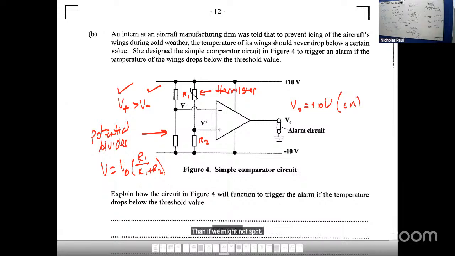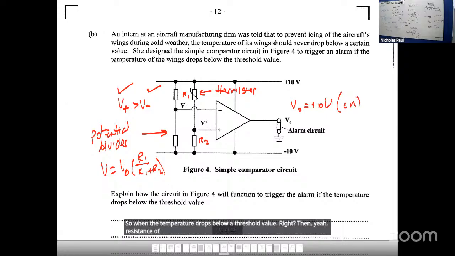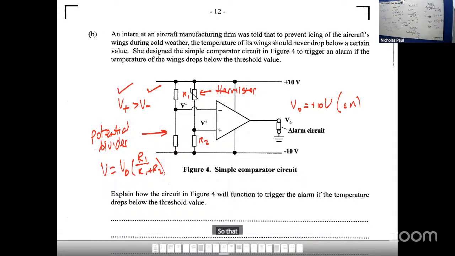Because remember, R1 is a thermistor. So your thermistor changes based on what? Temperature. When the temperature drops below a threshold value, your resistance of your thermistor will change so that your V plus value is bigger than your V minus value. We don't have numbers, so we just generalize what will happen.